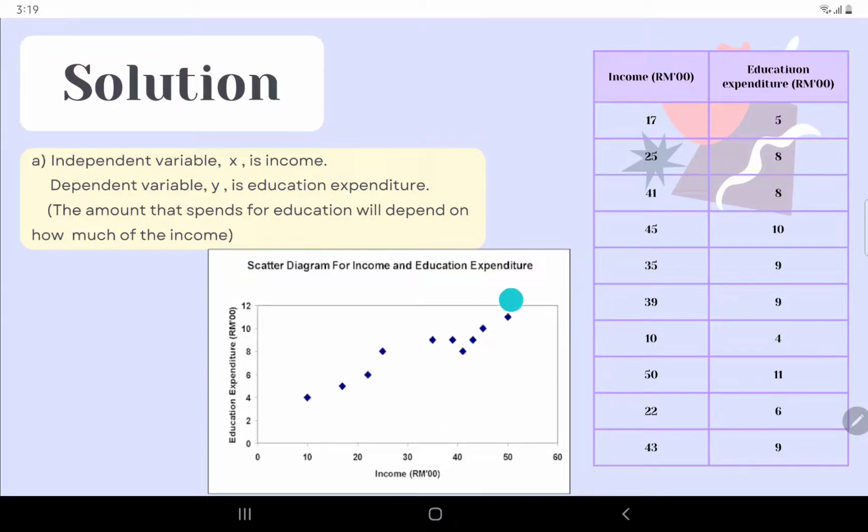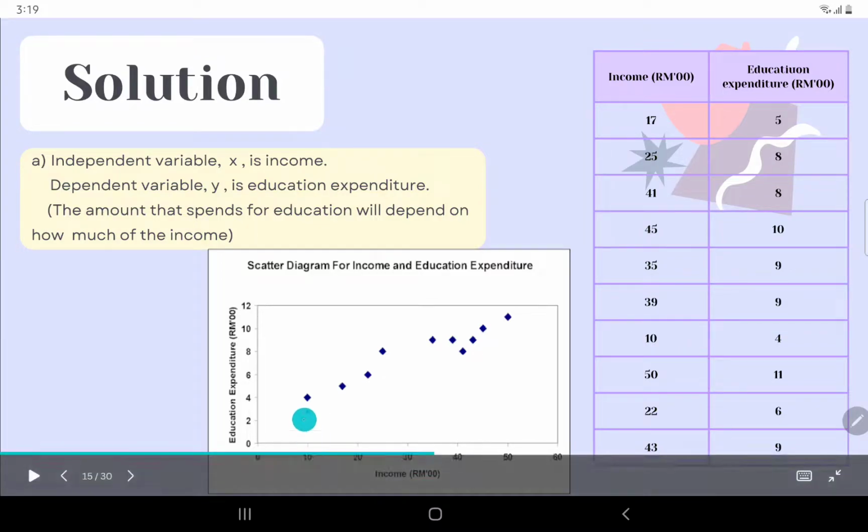And then 10, 4 kat sini. 50, 11 is right here. And then 22, 6 is here. 43, 9 is here.